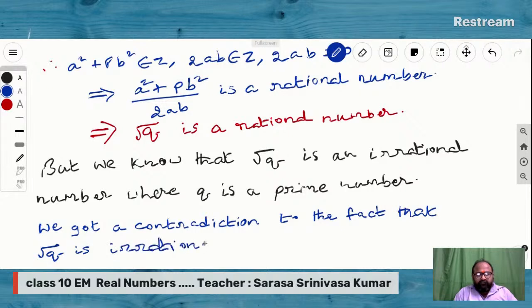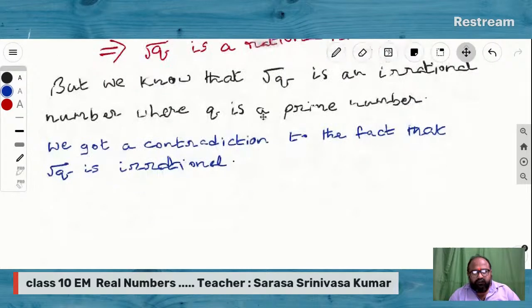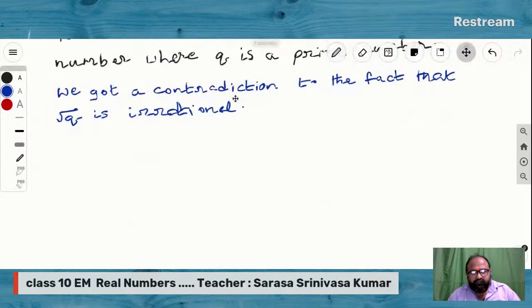So why has this contradiction arisen? This is because of our wrong assumption. That is, our assumption that square root of p plus square root of q is a rational number is wrong.